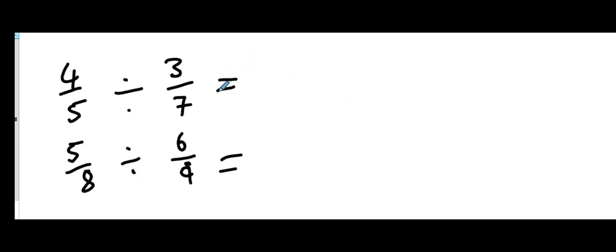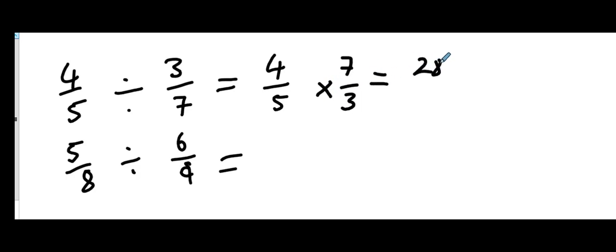Right, so let's take the first example. We have 4/5 divided by 3/7. So we're going to write out 4/5, and then we're going to invert and multiply. So 3/7 becomes 7 over 3, and let's multiply them by each other. 4 sevens are 28, and then we have 28 over 15. And we need to simplify this.